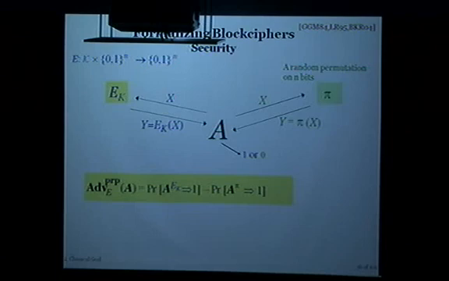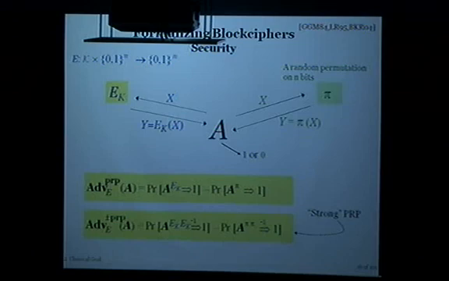This is called the PRP, or pseudo-random permutation, notion of security for a block cipher. There's also what I'll call the strong PRP, or the chosen ciphertext attack secure PRP notion of security. Here we provide our adversary not just the one oracle, but also its inverse. Okay?